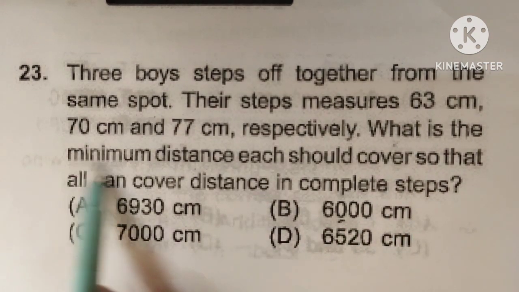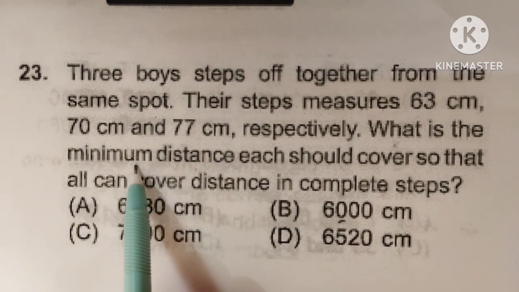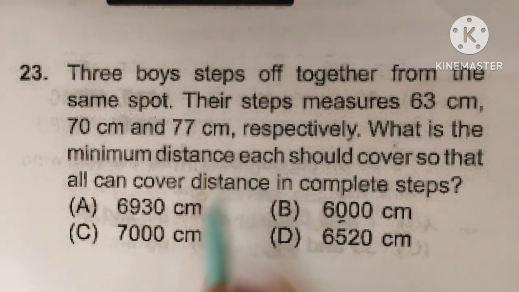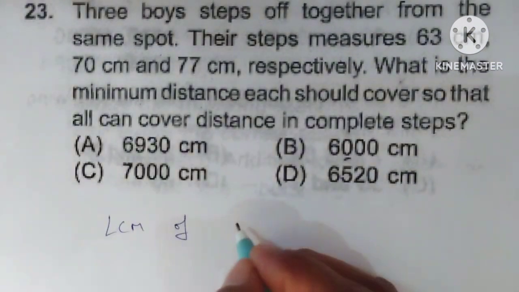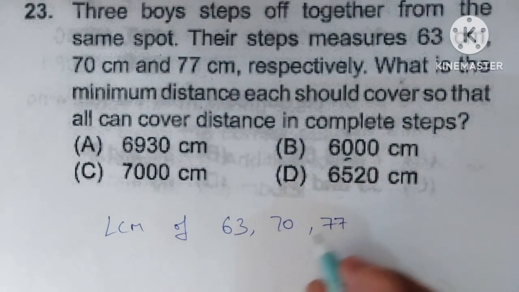Here what they are asking? They are asking the minimum distance. Minimum means least. That is, we have to find the LCM of these three. So LCM of 63, 70 and 77.